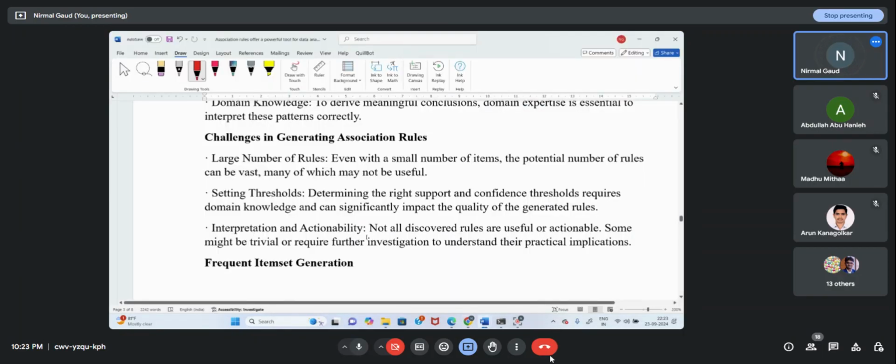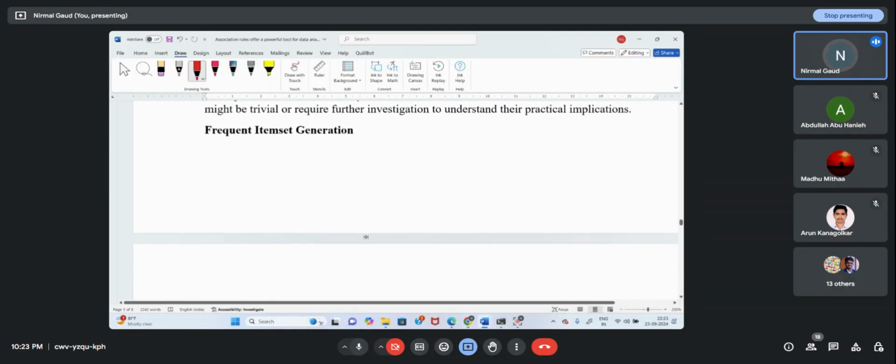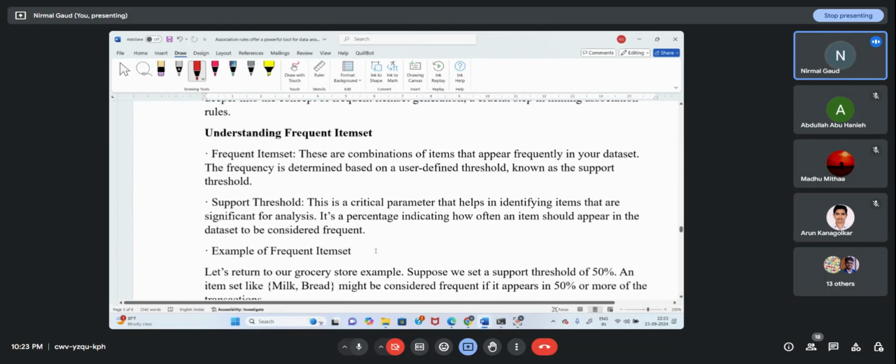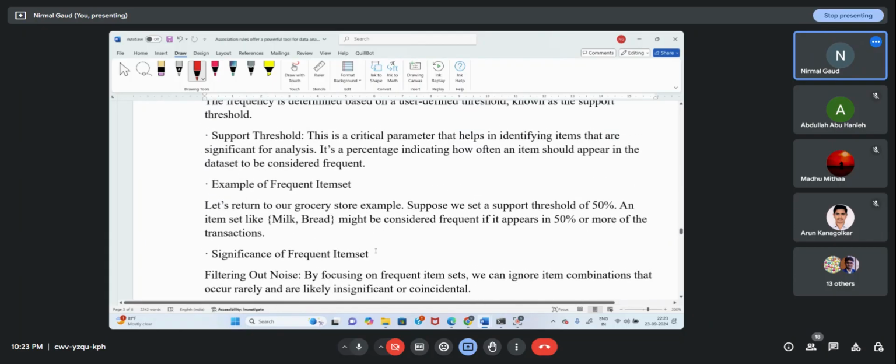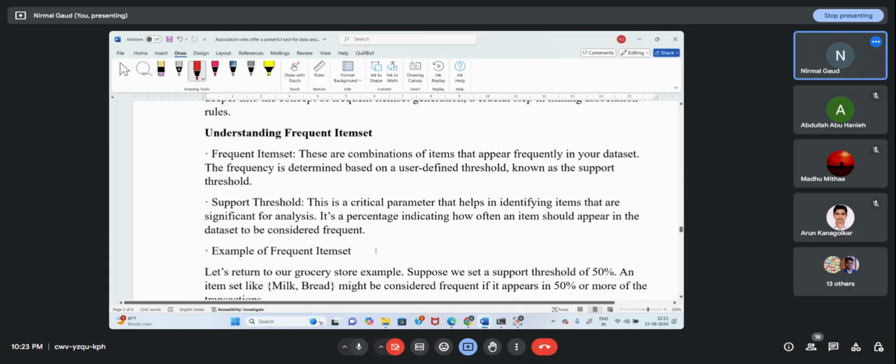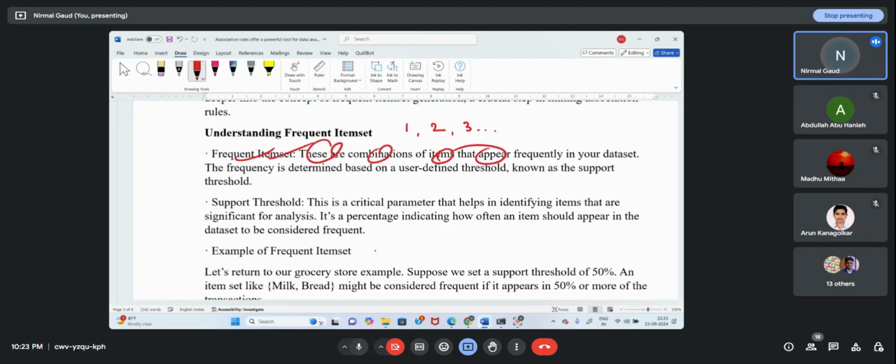Okay, fine. And we also have frequent item set generation. That means we are taking combinations of items. We will start with one item, that is a single item. We can take two items, we can take three items, and so on. Frequent item sets are the combinations of items which are present in your data.